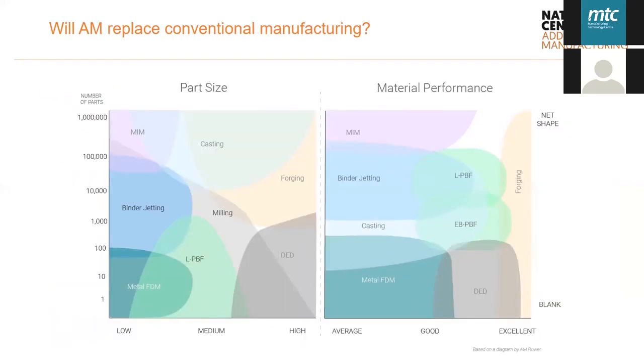So a question that you might ask is, will additive manufacturing replace conventional manufacturing? The short answer is most probably no. Additive manufacturing is known as a tool within the toolkit of manufacturing companies.